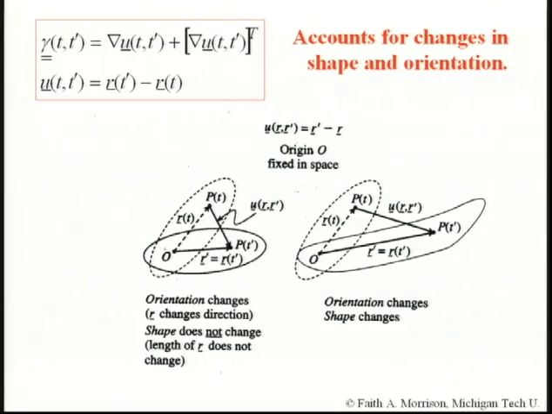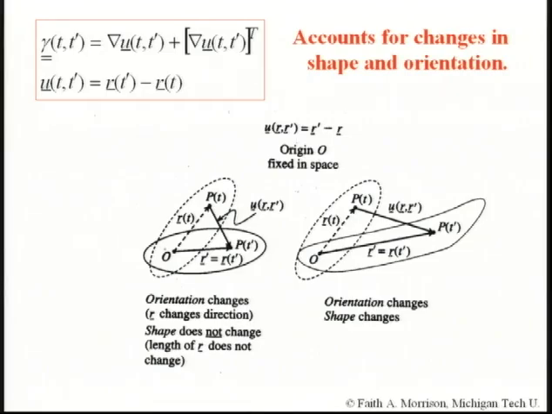And so again, this point P at time t is given by that vector r, and at time t prime, a later time, it's given by this new vector. The difference between them is the u. And here's r prime at a later time. The difference is u. And you can see that there's some information about the change in shape and the change in the orientation of our particle.